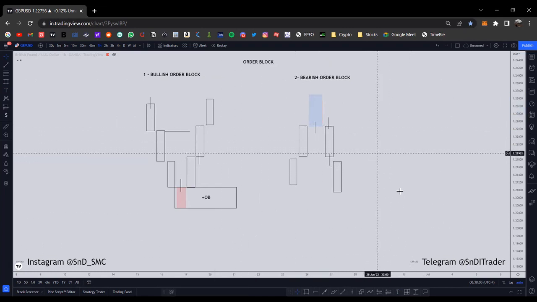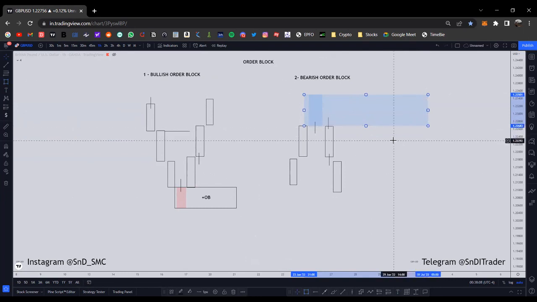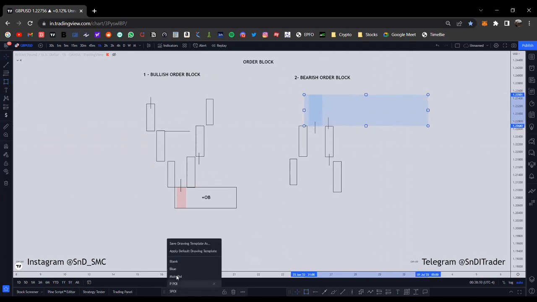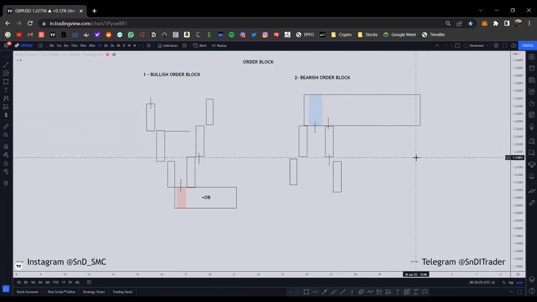So the last bullish candle which is responsible for the down move will be the bearish order block. So that will be a bearish order block for you to see.